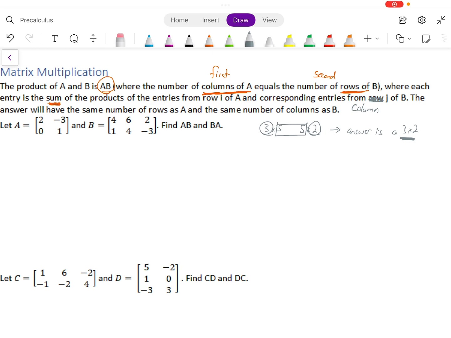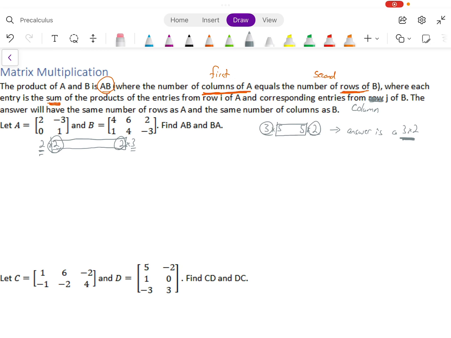All right, so this says find A times B and B times A. All right, A times B. This is a 2 by 2. So first you have to see if they can be multiplied, and this is a 2 by 3. The number of columns from A equals the number of rows from B, and so our answer will be a 2 by 3. So now let's take a look at how to multiply them.